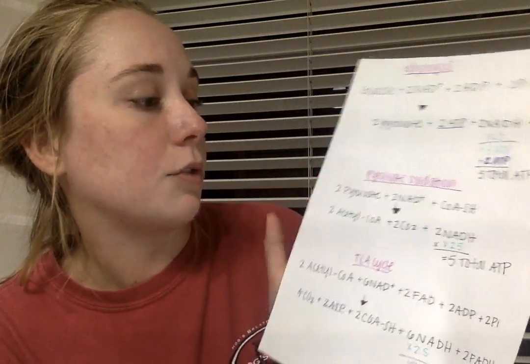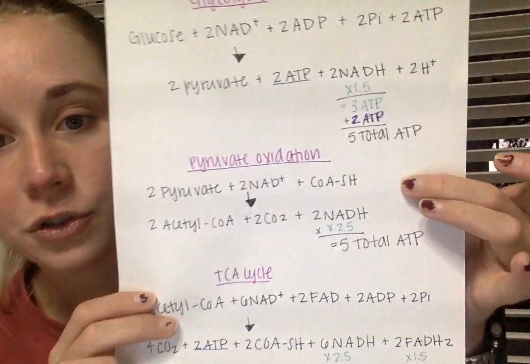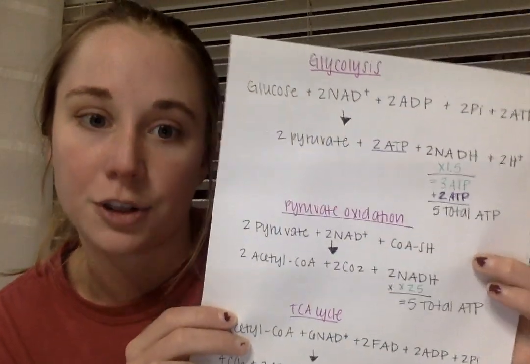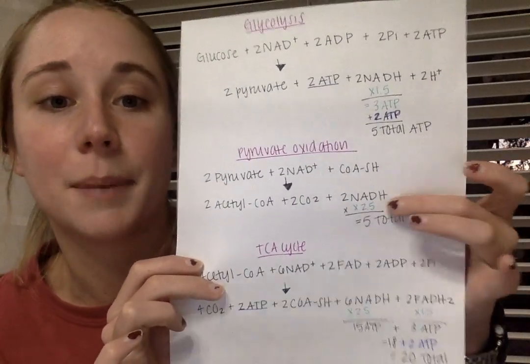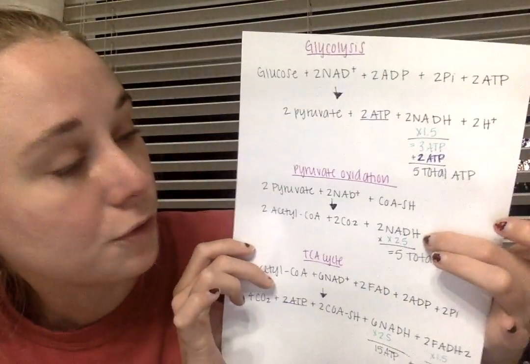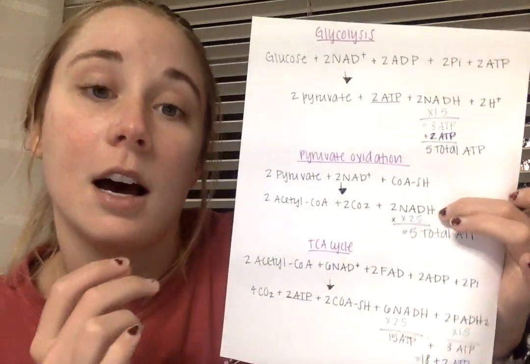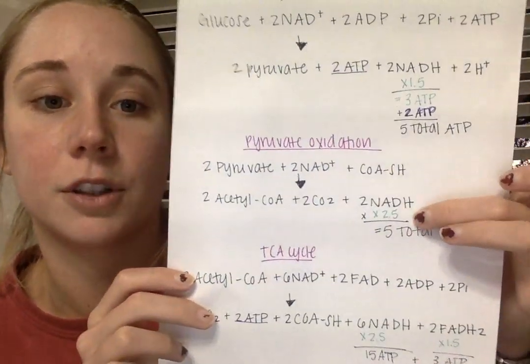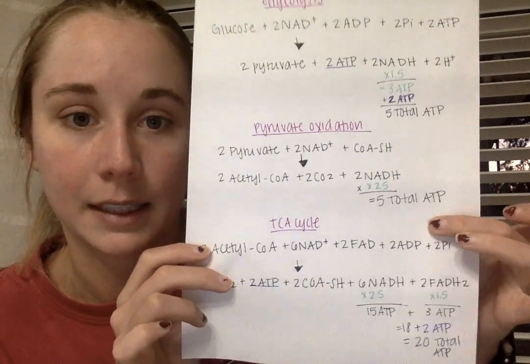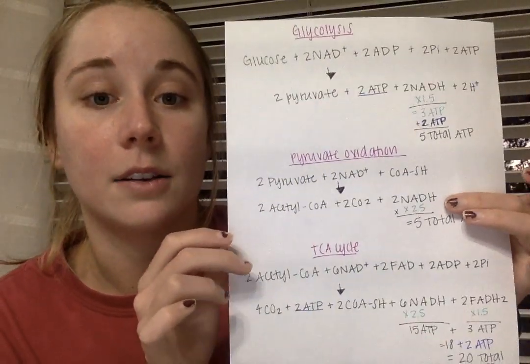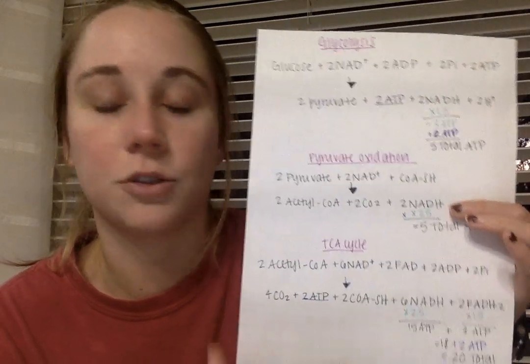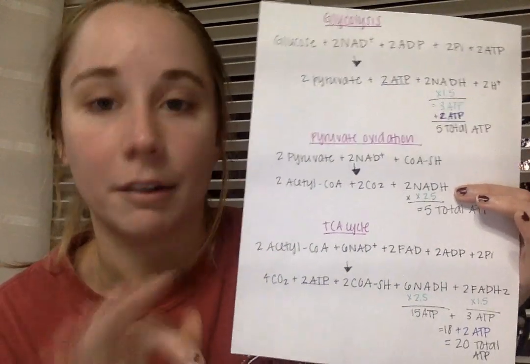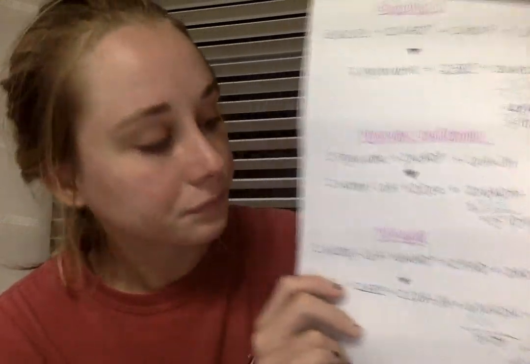And then through pyruvate oxidation, with the pyruvate dehydrogenase complex, that does not use ATP, but it does make NADH, and because it's in the mitochondria, like I said earlier, it's going to account for 2.5, so that's another 5 ATP made. And neither the TCA or citric acid cycle or Krebs cycle, whatever you want to call it, uses ATP. So more for us.